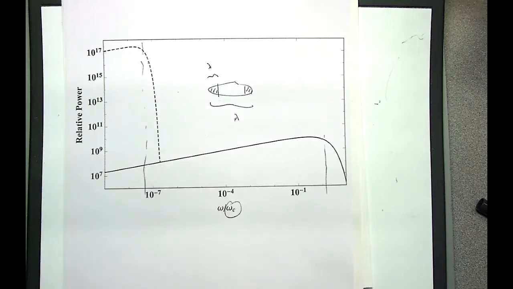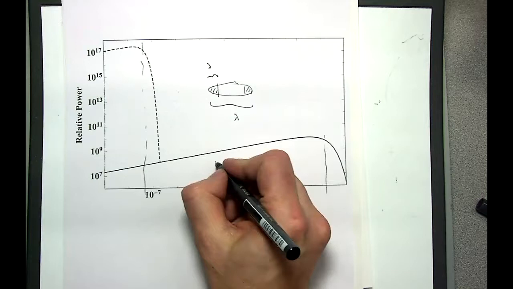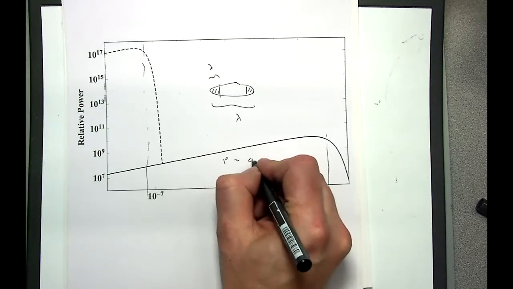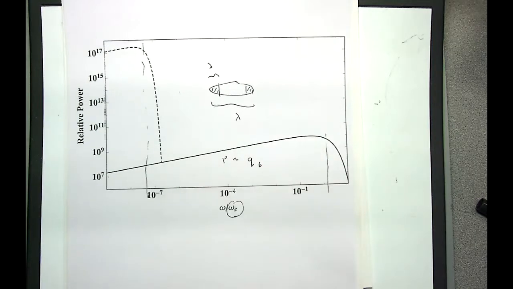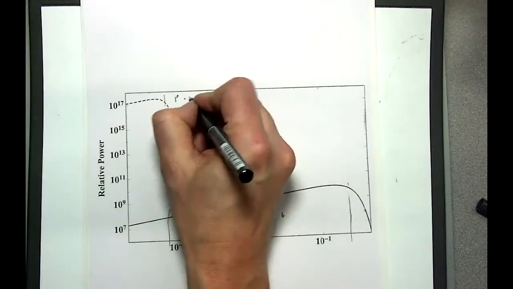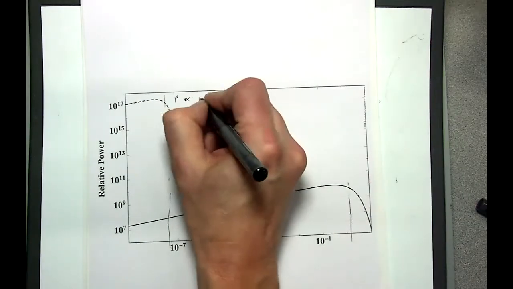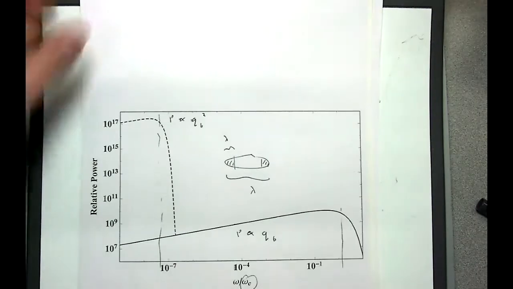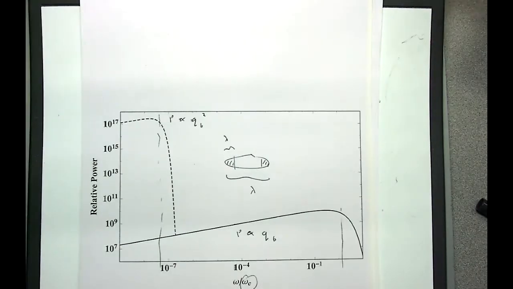Okay, all right? So this radiation here, the power is proportional to the charge on the bunch, QB. Whereas here the power is proportional to QB squared. So you can see the enhancement is basically proportional to the number of particles in the bunch, of each electron bunch.